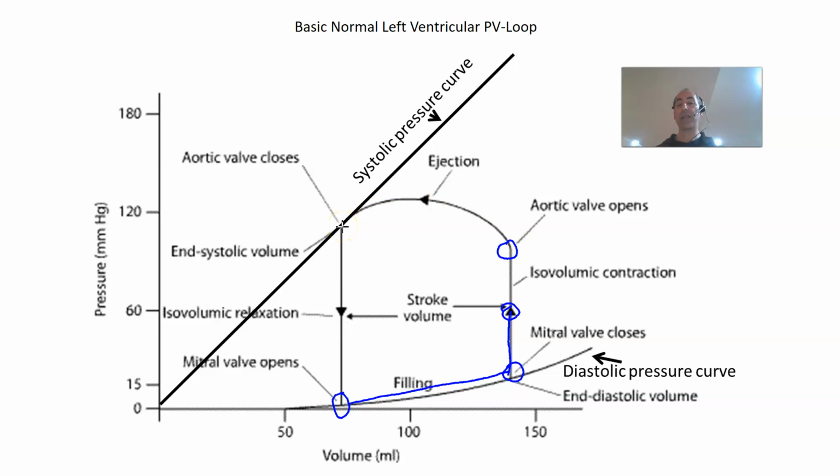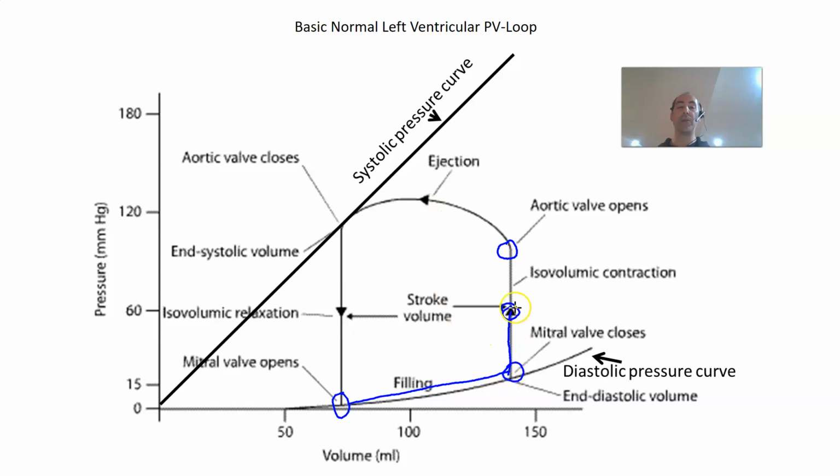You get to about 90 to 100 millimeters of mercury here. The aortic valve closes, and at 75 mils is where you stay, and then you start the cycle all over again. This straight line represents something called the systolic pressure curve. So this is the limit of systolic pressure.